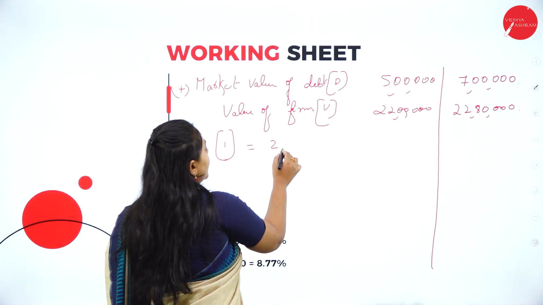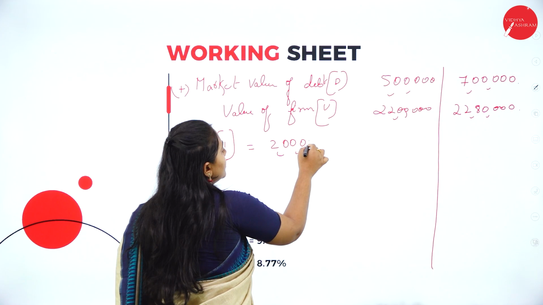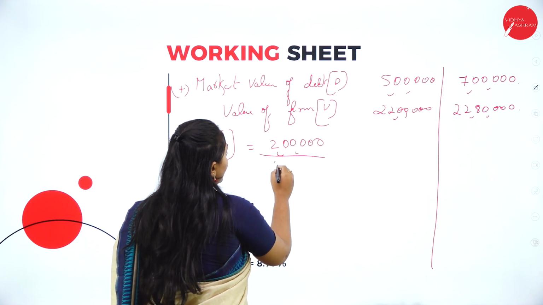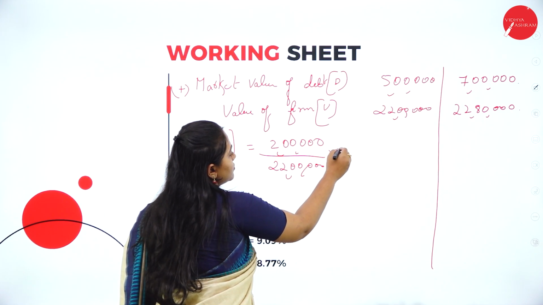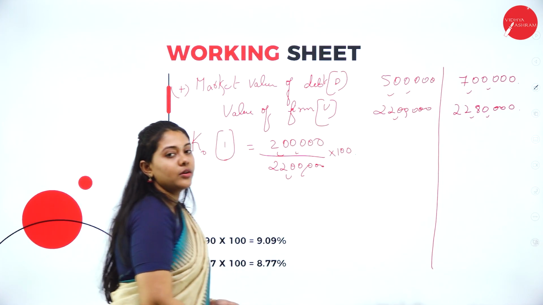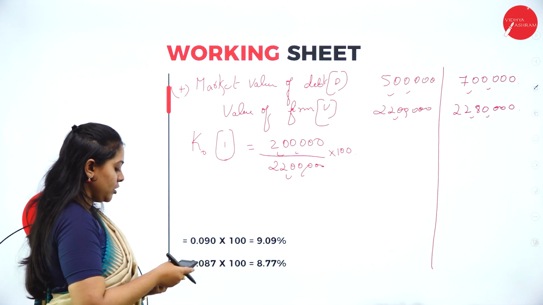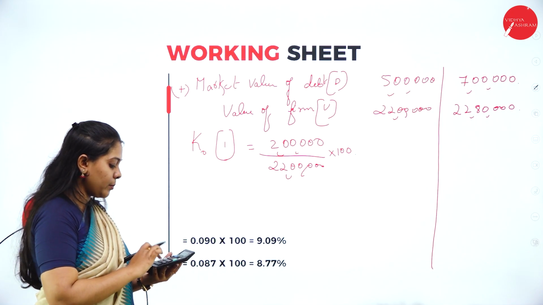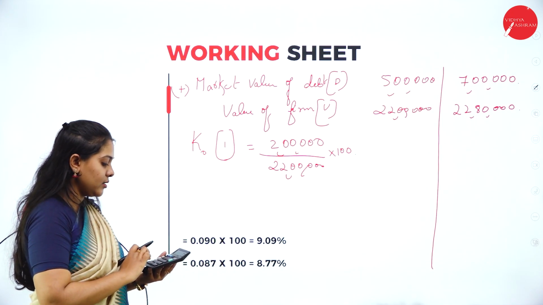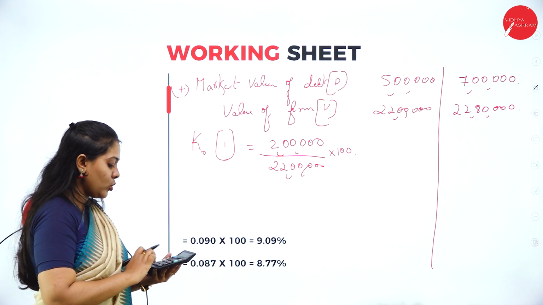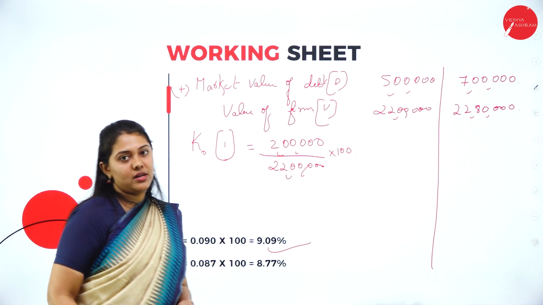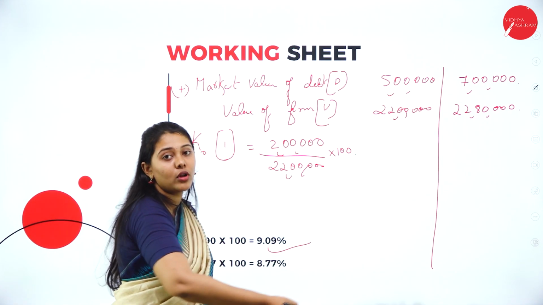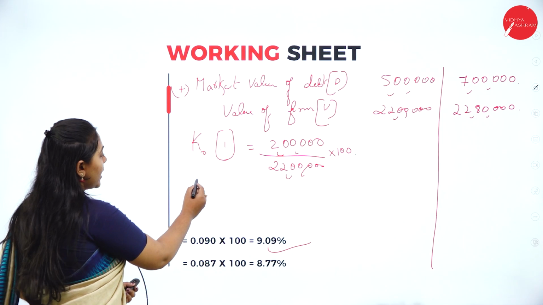So 2 lakh divided by 22 lakh into 100. What will be the answer? It will be 9.9%.